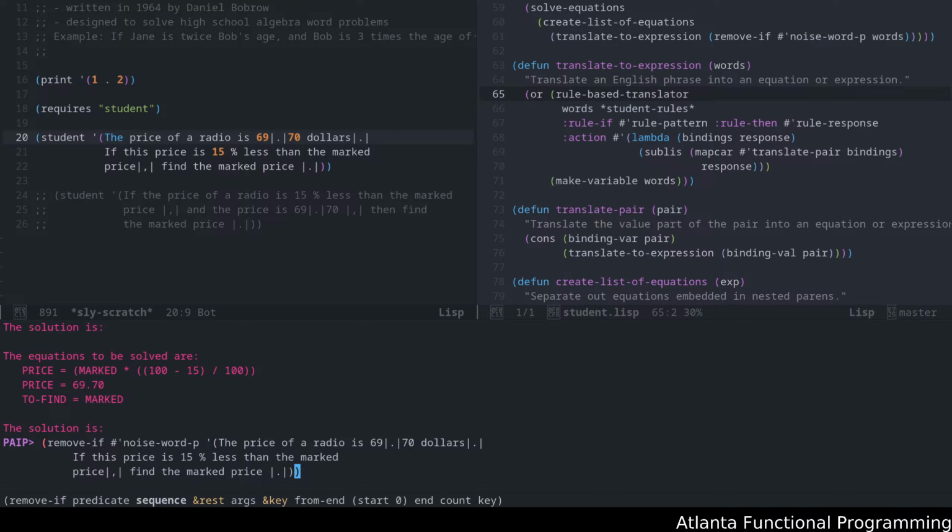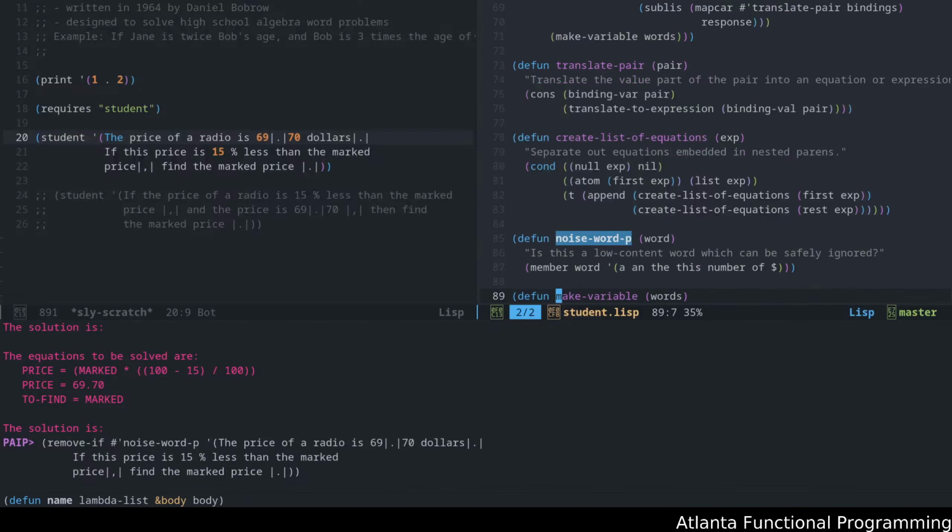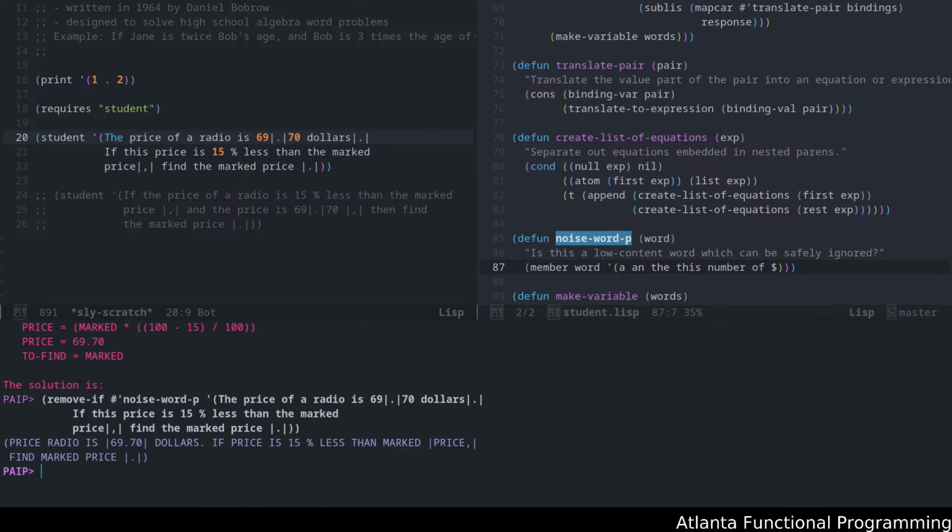Like "is" or "the" without additional context is a pretty useless word. So they are noise words. If you look at the noise word predicate here, we have a list of words that we tend to leverage and throw out. If it's a member of any of these words, it'll just be ignored. If we run remove-if on here, it gets rid of more or less everything that is not needed.